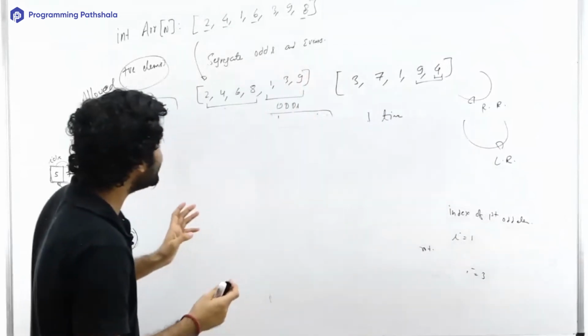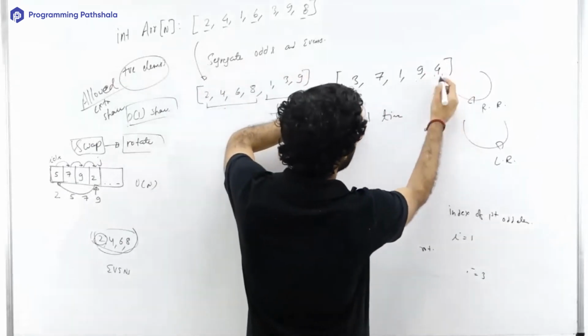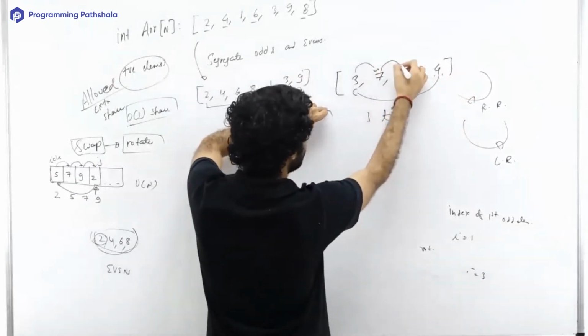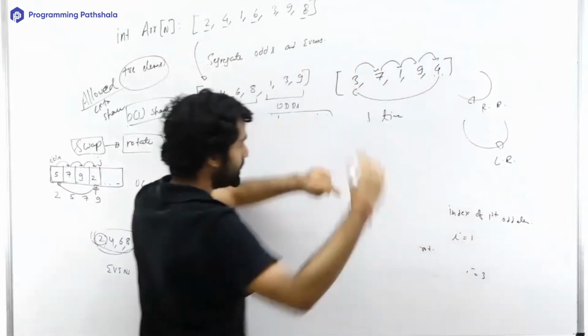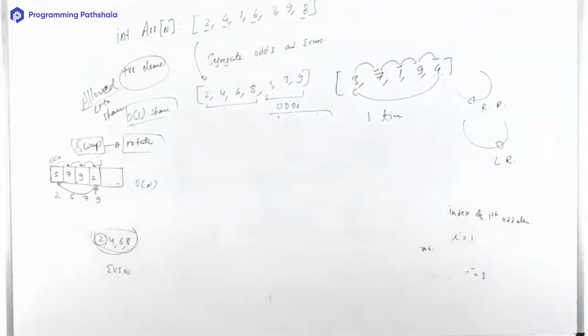So if you are rotating something like I showed it to you over here, let's say you want to rotate it by 1 unit, you want this to come over here and you want everything else to go right by 1 unit. So the rotate operation is going to be costly, right? If you mean time complexity, I want you to tell me how you want to perform rotation in order 1 time? I don't believe that will be possible.